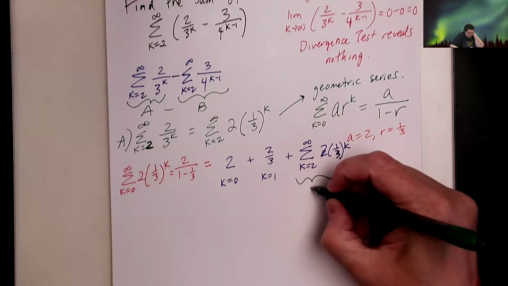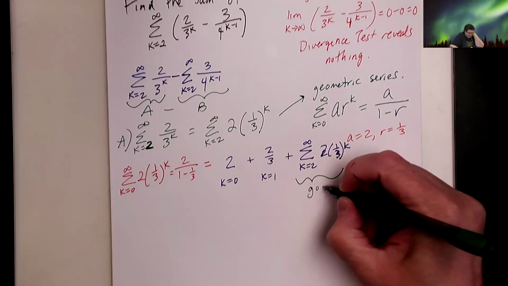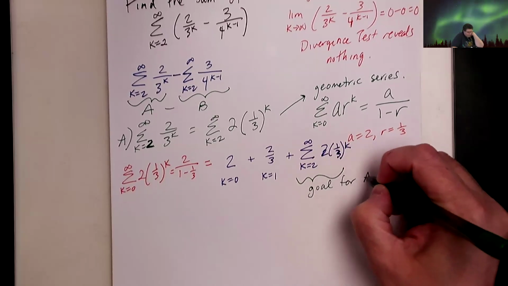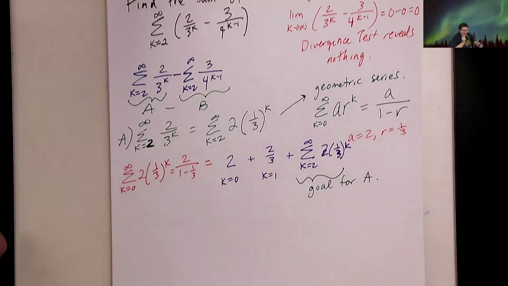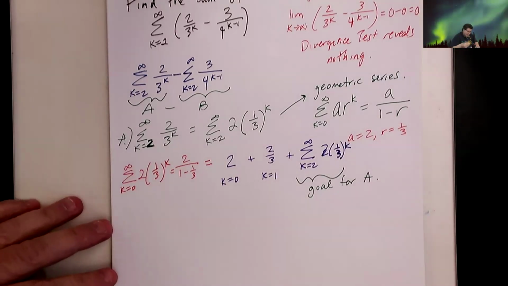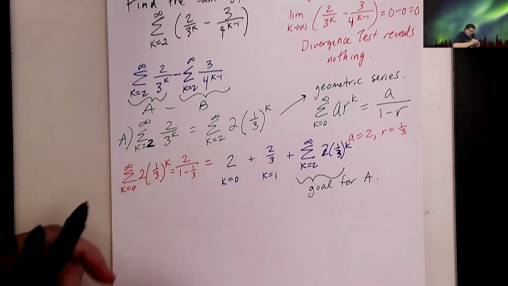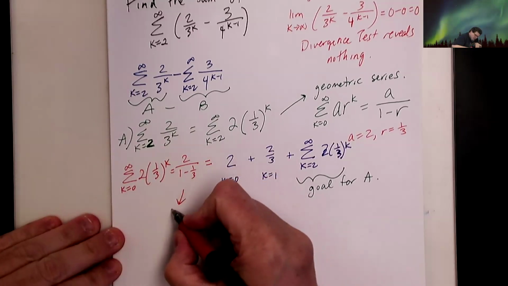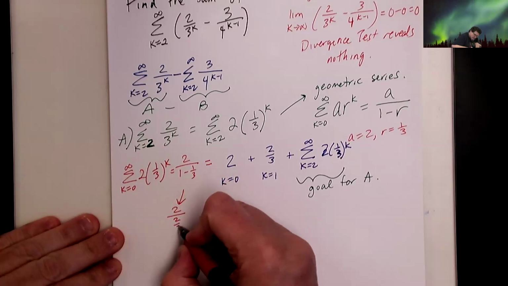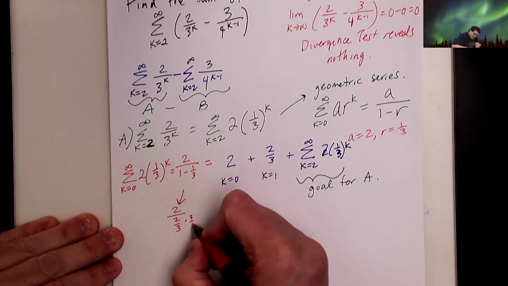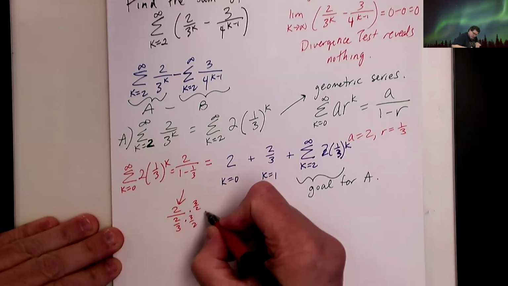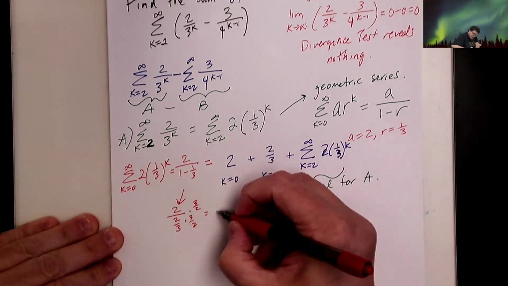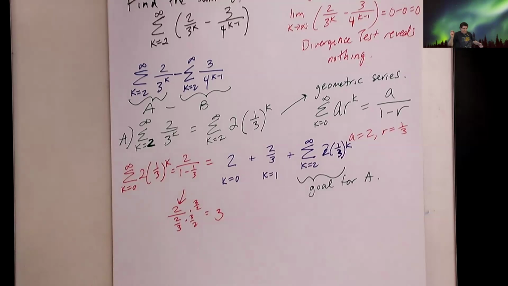That's our goal for A. So this clearly does converge, and we can get a value here. Let's see, this part right here is 2 over 2/3. If I multiply by 3/2 times 3/2, I get 3.